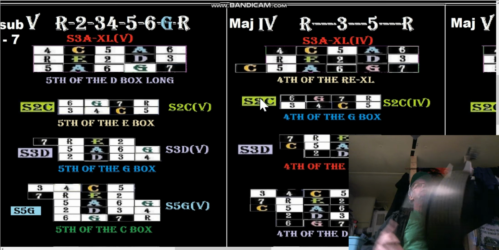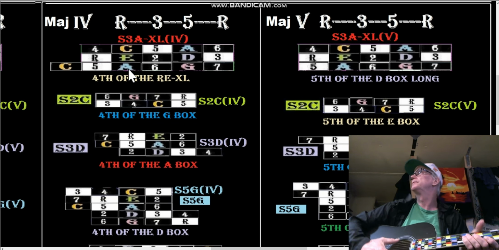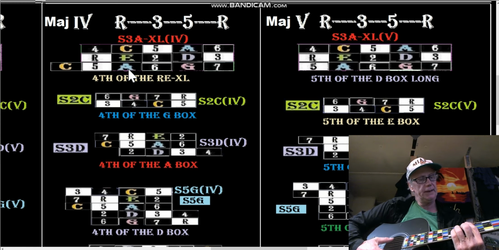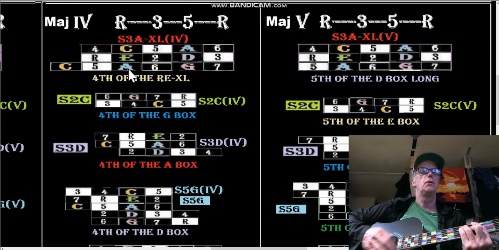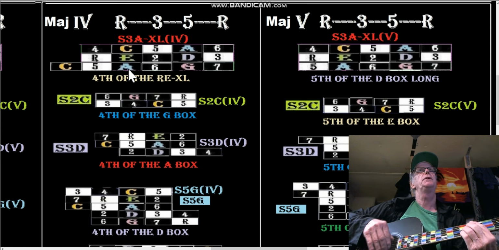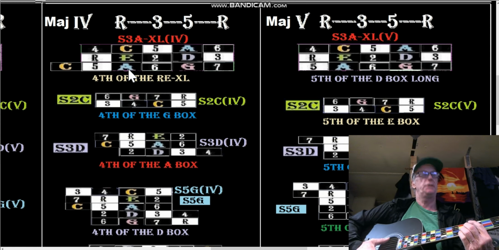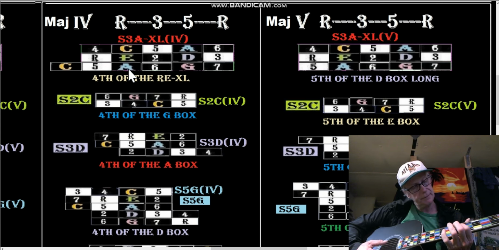So say we're right where we were before, which is right here, and we're playing this E-shaped F. When we go to the A shape, that A shape B flat right there, we're going to just play the fifth, the root, the third, and the fifth there.